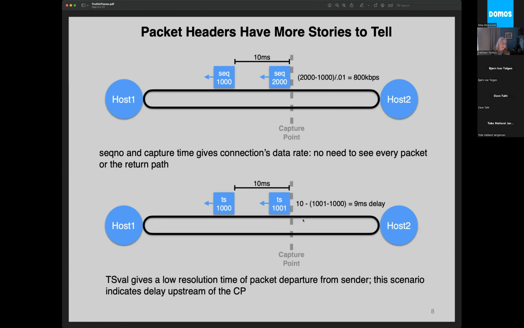We can also take a look at the timestamps and think of that as giving us a low resolution time of packet departure from the sender. In this particular scenario, we could say there must be some delay upstream of the capture point, because the timestamps would indicate 10 milliseconds, but when we subtract these two, they should have been launched 1 millisecond apart, but I saw them 10 milliseconds apart.